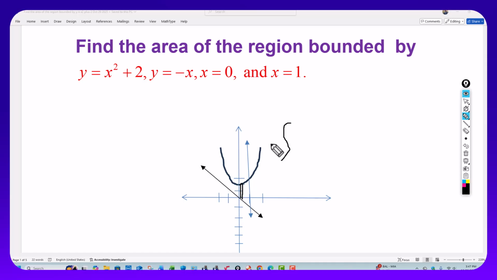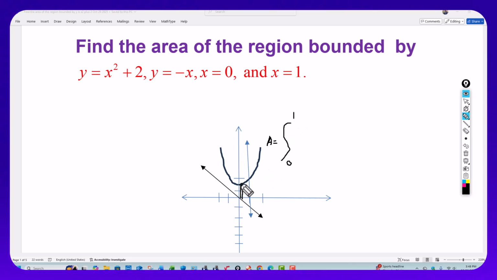So the integration for the area of this region goes from the origin, the first value is 0, the lower limit, to the vertical line x equals 1. The region is between the y-axis, x equals 0, below the parabola and above the line. So the integration would be from 0 to 1.